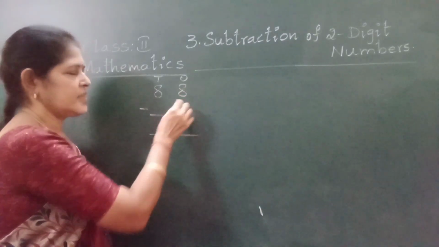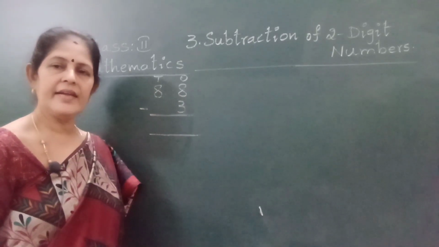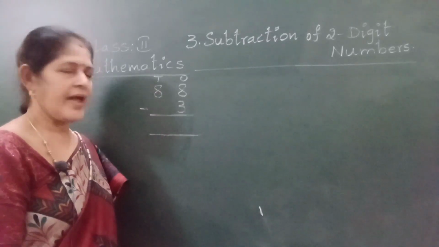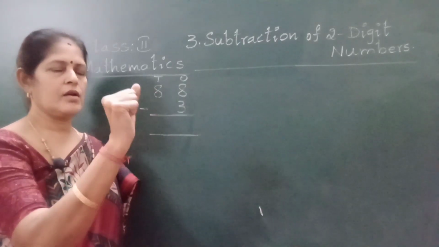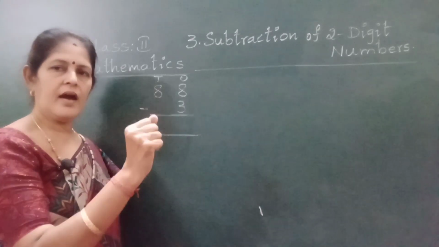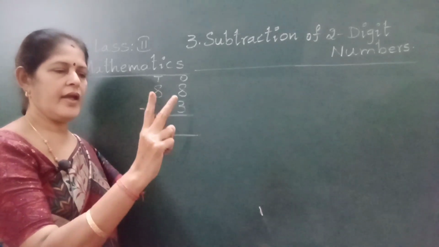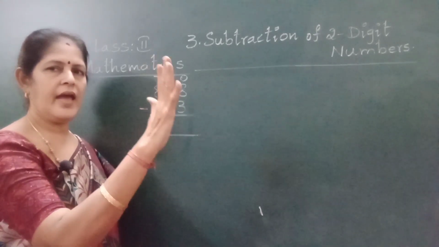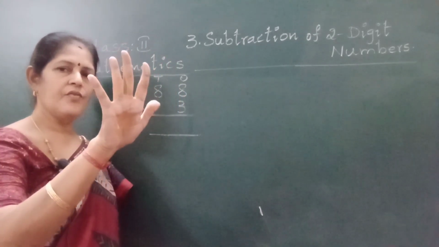Start from ones. 8 minus 3. 8 is greater than 3. Subtraction is possible. Close fingers. 3, after that 4, 5, 6, 7, 8. How many fingers? 5.